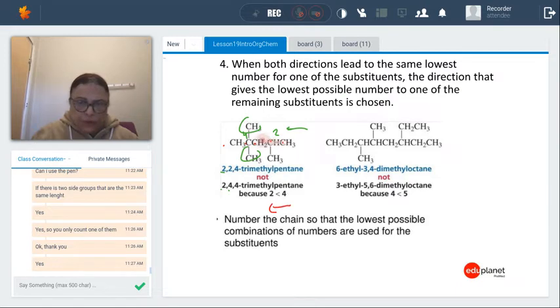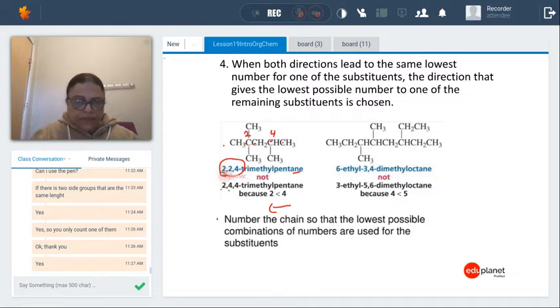But what happens if I count the opposite direction, from left to right? Then this will be carbon 2, and this will be carbon 4. Then I will have 2, 2, 4-trimethylpentane.